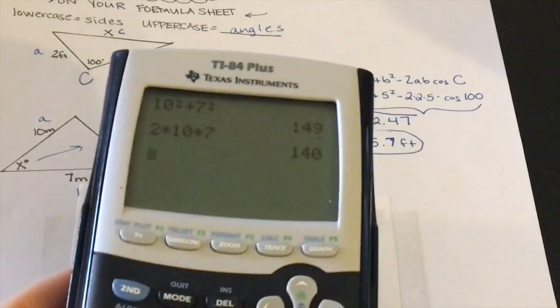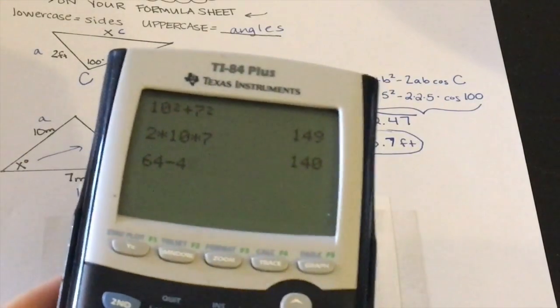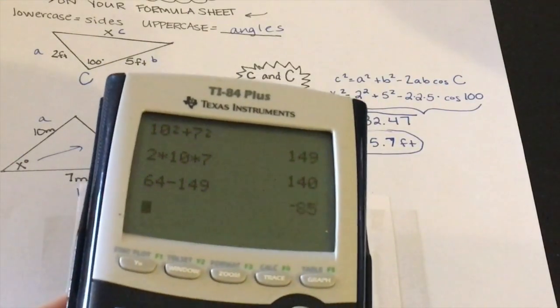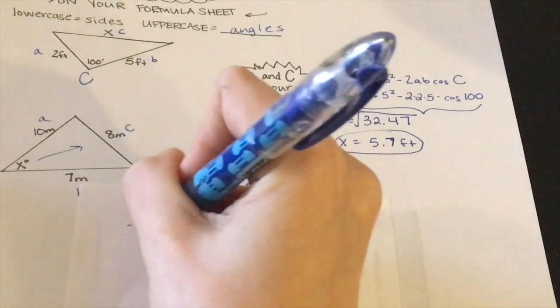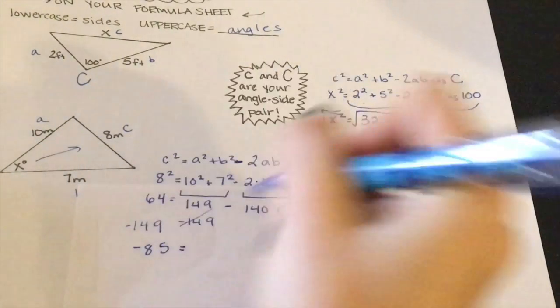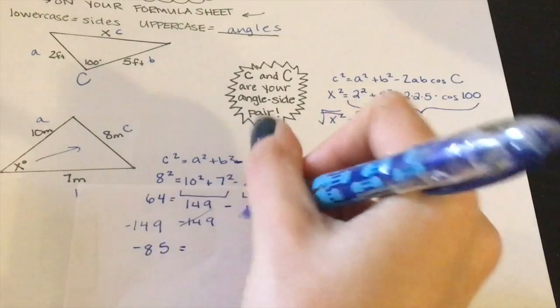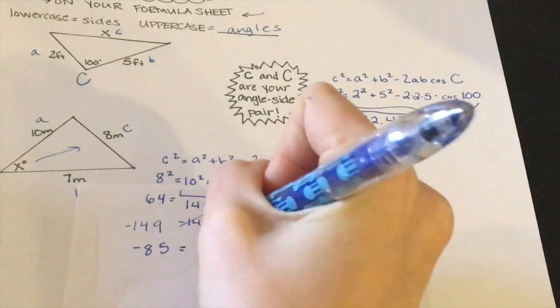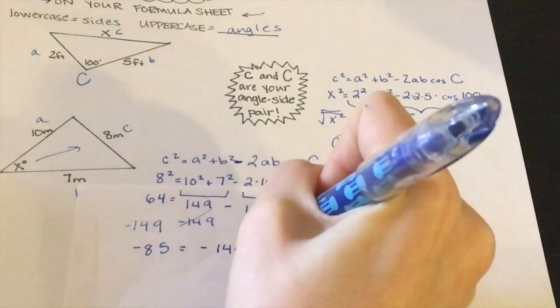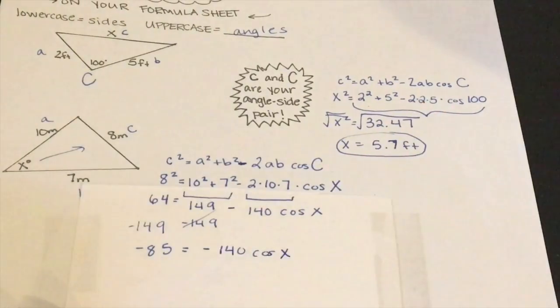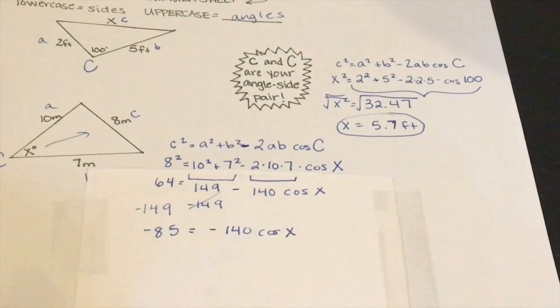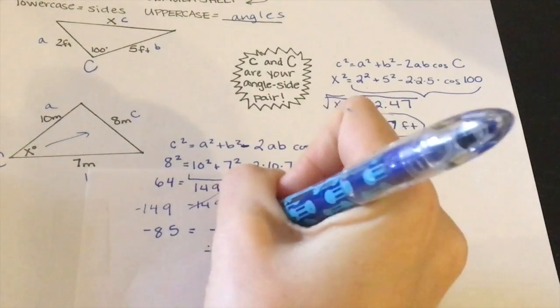And 64 minus 149 is negative 85 equals, and this minus comes down with you, negative 140 cosine of x. So divide both sides by negative 140. Again, I'm trying to get x by itself.